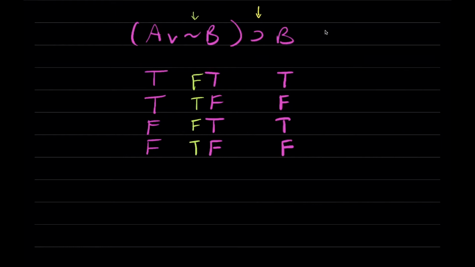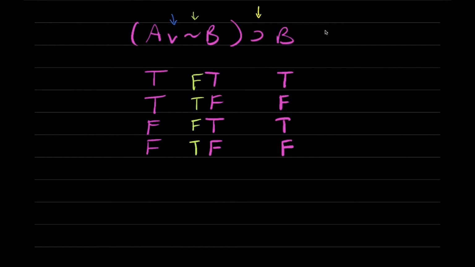The operator with the next largest scope, I'm going to do it in a different color still, is right here. Now, just like when you were doing truth functions, you have to be really careful that you're using the correct columns to figure out the values under any given operator.